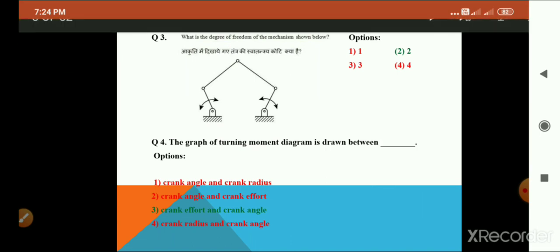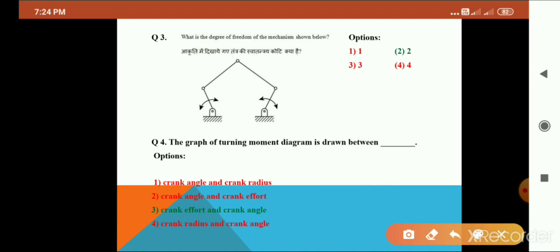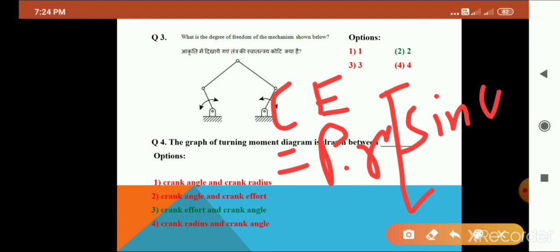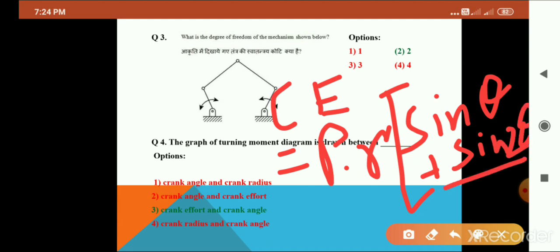The crank effort CE is equal to P into R into (sine theta plus sine 2 theta divided by 2 into root over n square minus sine square theta) here.